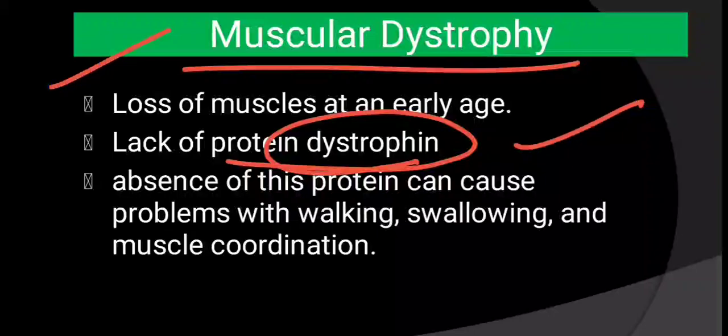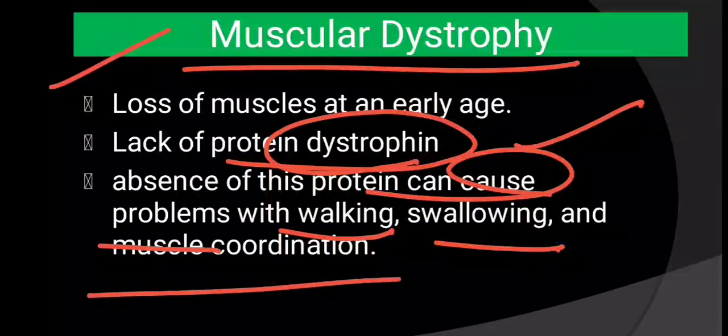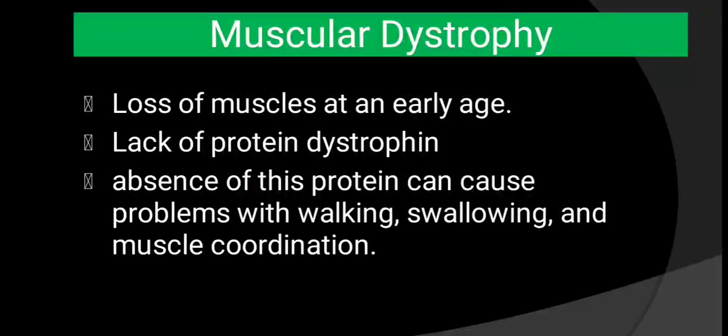The absence of this protein can cause problems while walking, swallowing, and also in muscle coordination. This disease is also caused by a recessive gene located on the X chromosome.